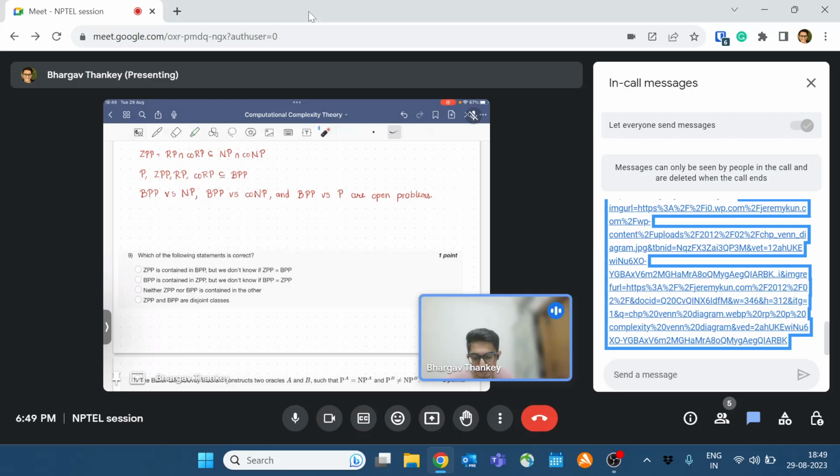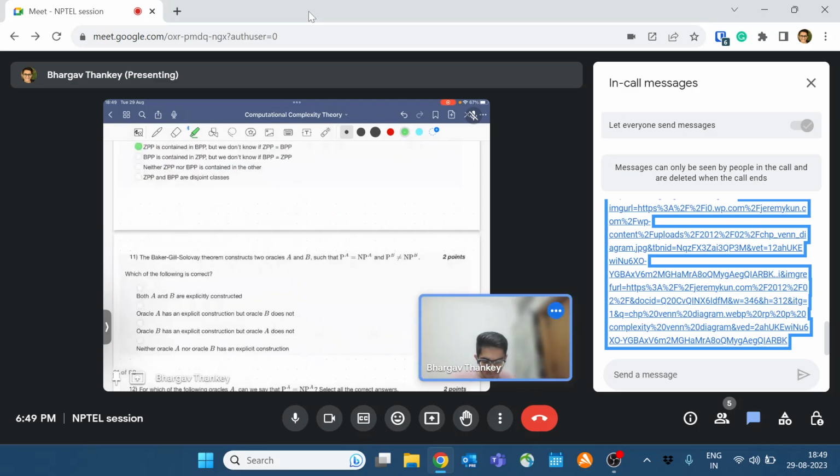The answer is here: ZPP is contained in BPP, but we don't know if they are equal. Even that's an open problem. Is this fine? Okay, then let's look at the next problem.